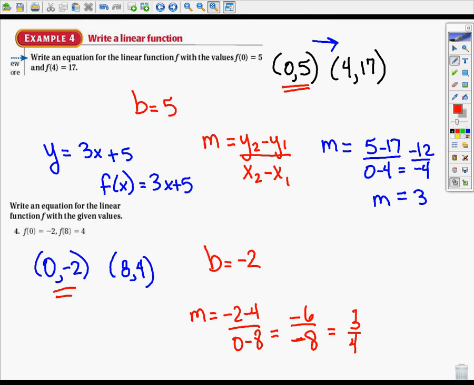So my equation now is y equals 3/4 x minus 2, or f of x equals 3/4 x minus 2. So there it is with function form.